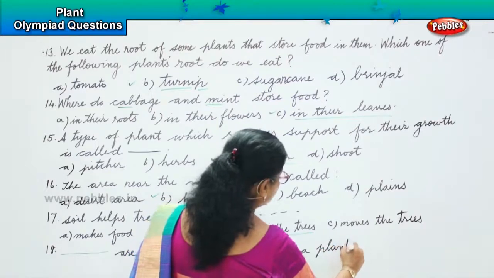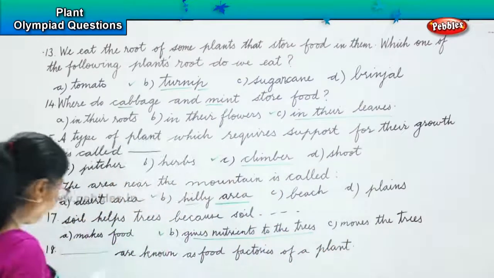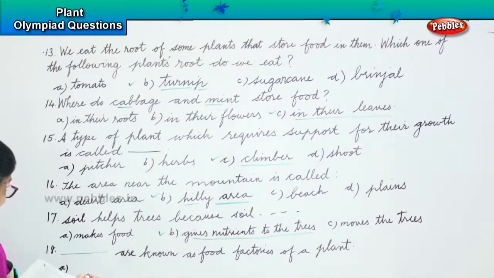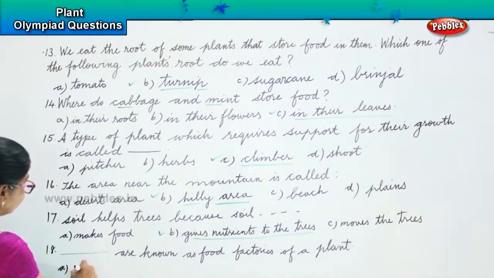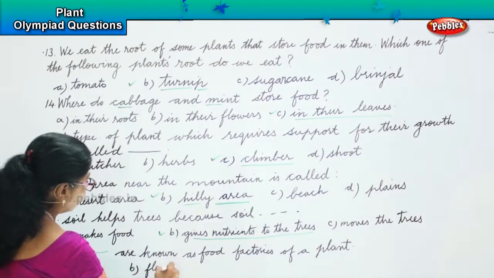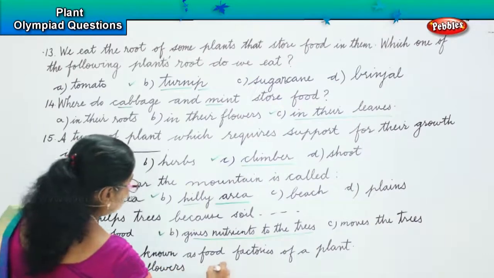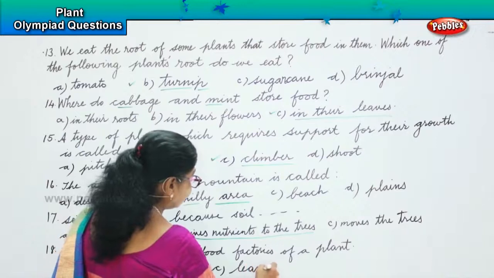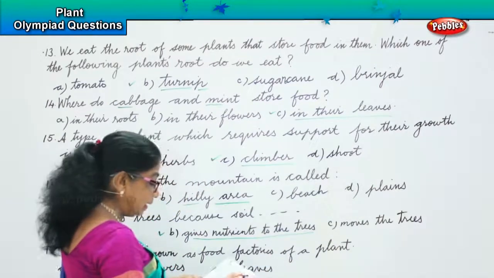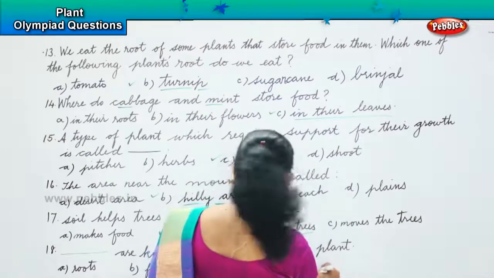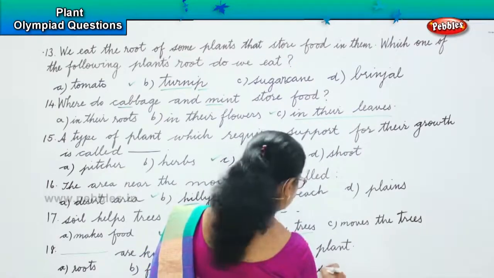And your options are option A, roots, B, flowers, option C, leaves, option D, shoot.